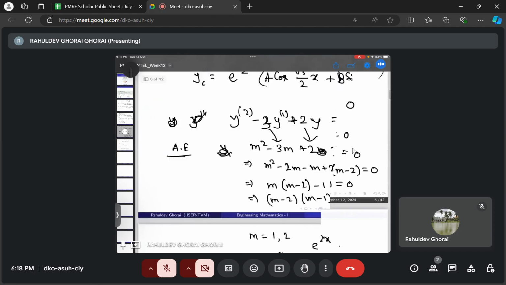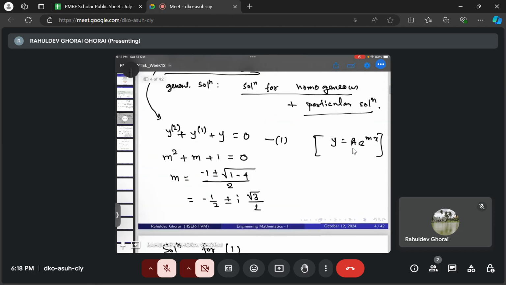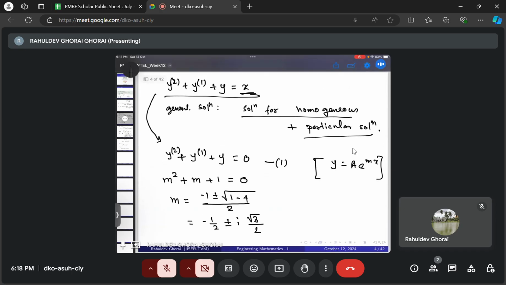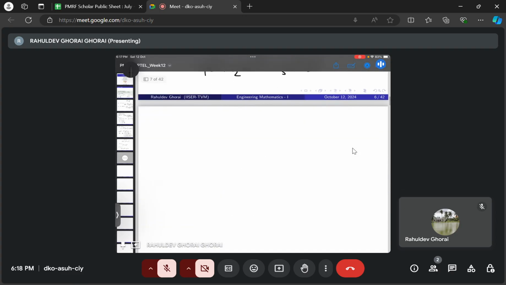So this is just to find the solution for the homogeneous equation. Once you know the homogeneous solution, you need to find the particular solution. But first let's do a couple of examples before going to the particular solution.